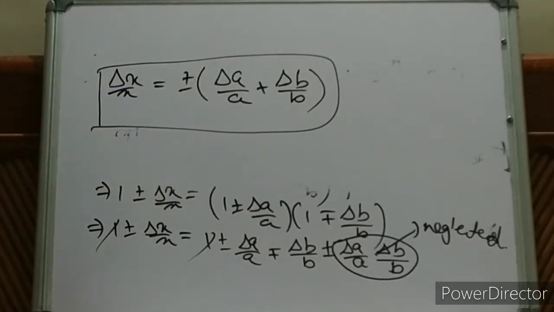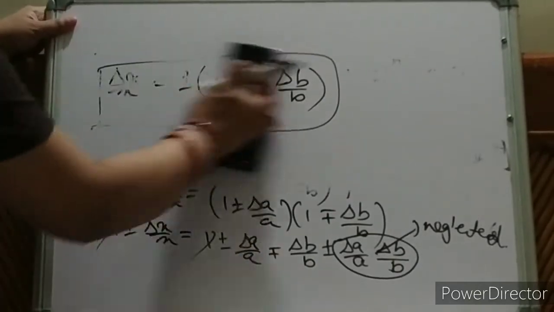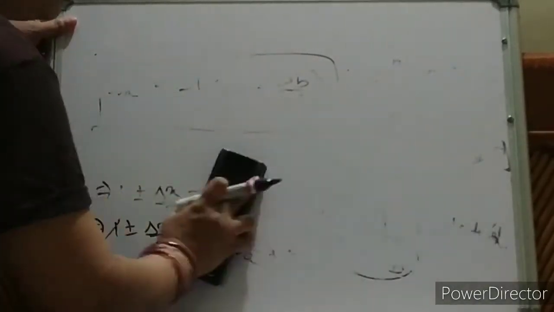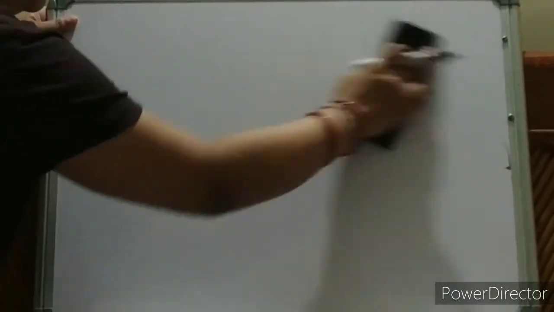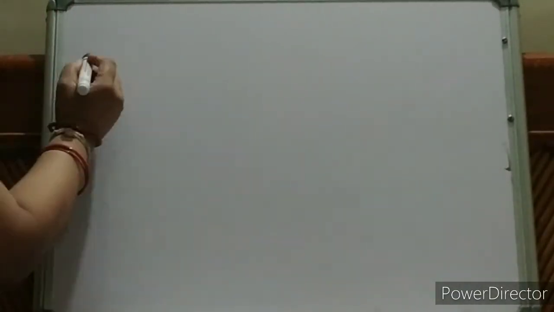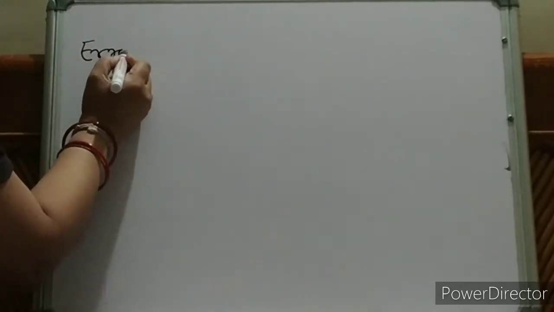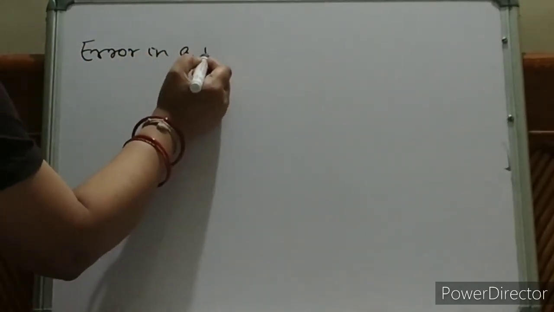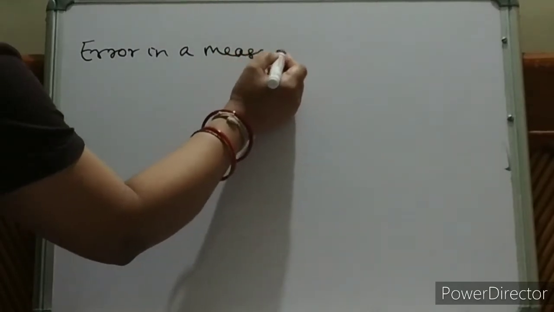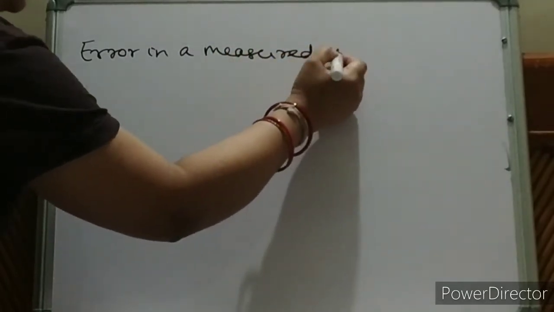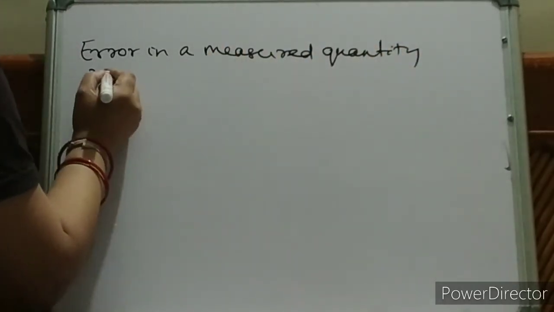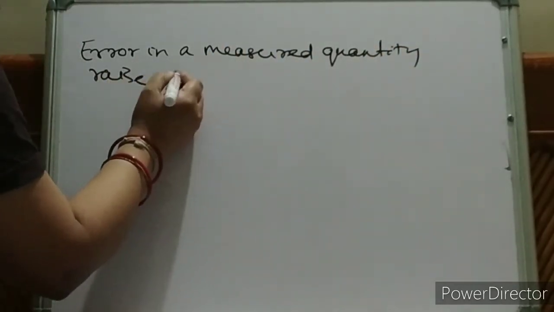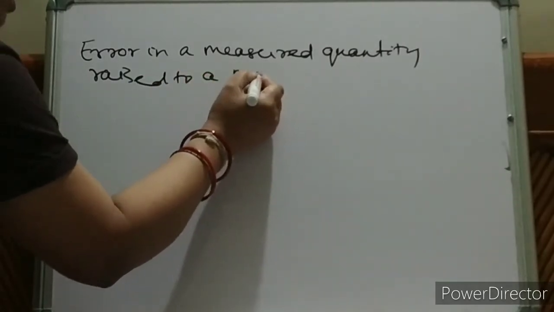Is it clear, children? Now we'll discuss the error in a measured quantity when it is raised to some power. So error in a measured quantity raised to a power.